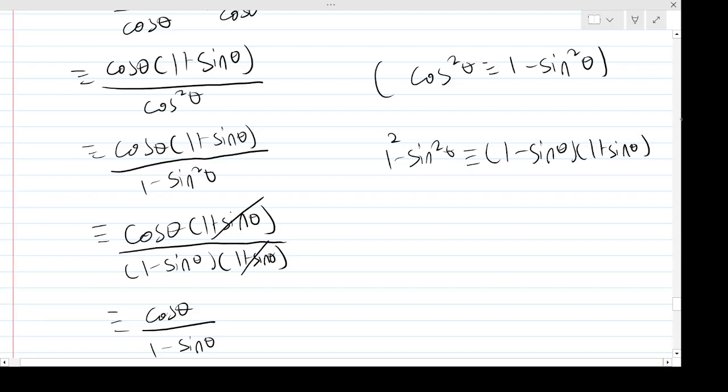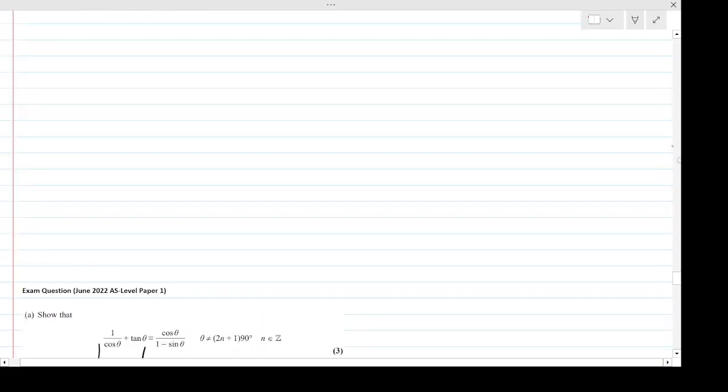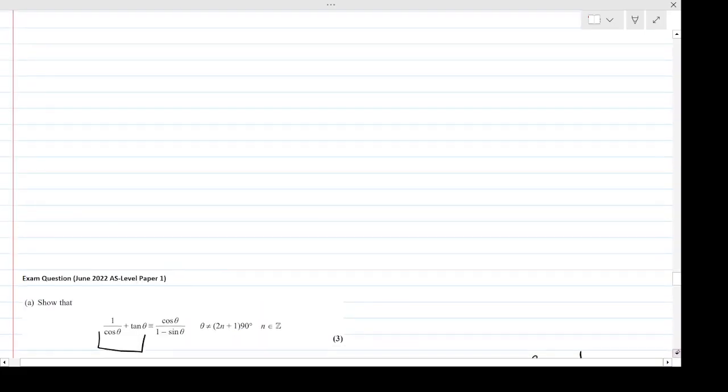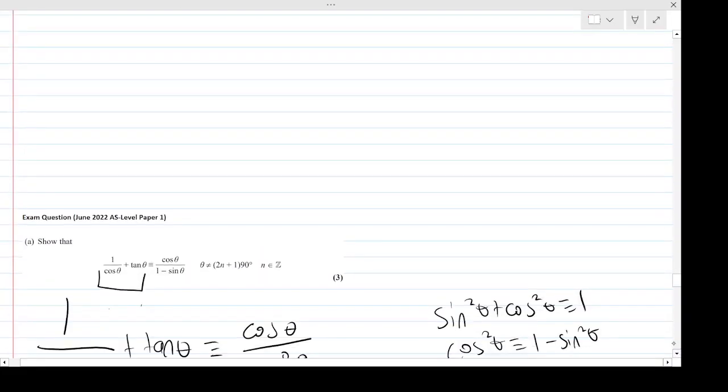So yeah, I think that's a very hard trig proof question, harder than usual, I'd say. Identities with trigonometry. Very tricky that is. Basically, you combine everything into one question there. We factorised a difference of two squares.